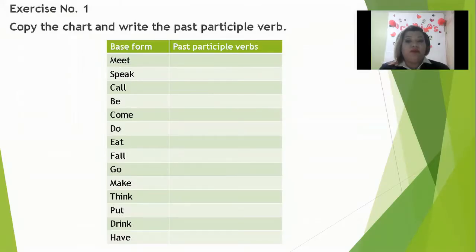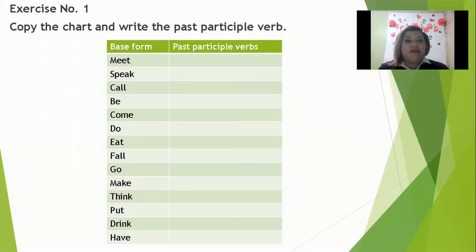Exercise number 1. You're going to take out your notebook and copy this chart and write the past participle verb. We have the column of the base form verbs and the next column that is for past participle verb.